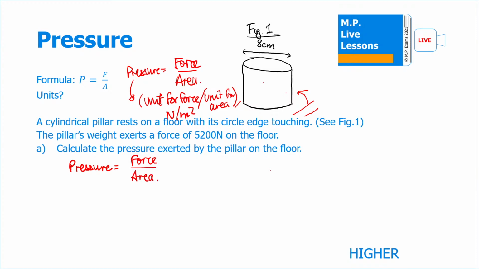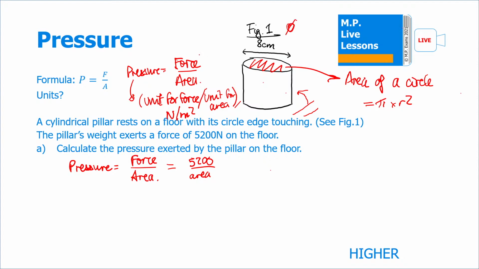So that would be 5,200 divided by the area. But we don't know the area yet, but we can find out because this is a circle. And you know the area of a circle is pi times r squared. Since the diameter is 8, the radius would be half of that, which is 4.